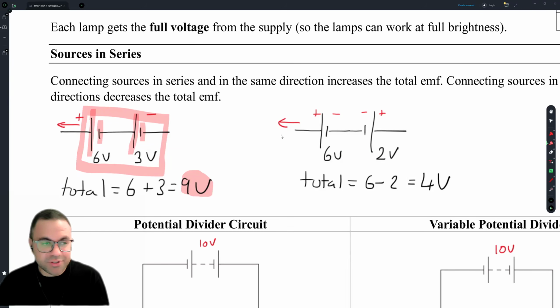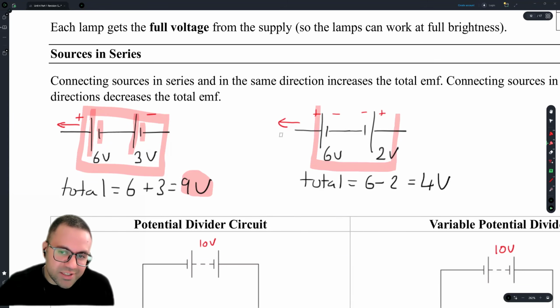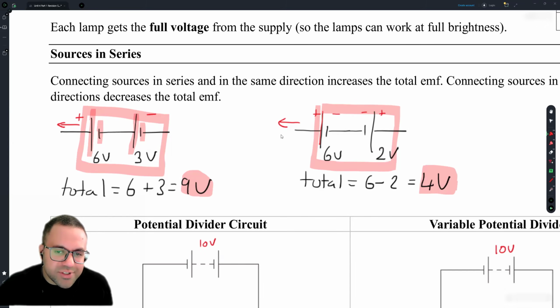To anybody observant, you look to the right side over here and say, why is this 4 volts, not like 8 or something? Why is it 4, not 8? Because look at this first cell, its positive and negative are pointing to the left, so the current is going to flow to the left.